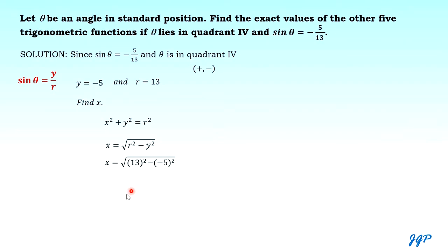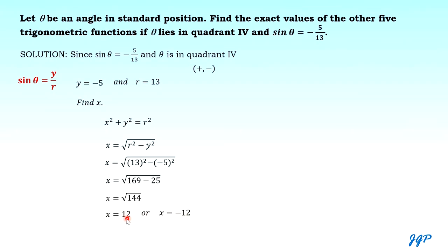So let's simplify. So x is equal to square root of 13 squared, that is equal to 169, minus negative 5 squared, that is 25. So let's subtract 169 minus 25, and that is equal to square root of 144. When we simplify square root of 144, we have x is equal to positive 12 or x is equal to negative 12.